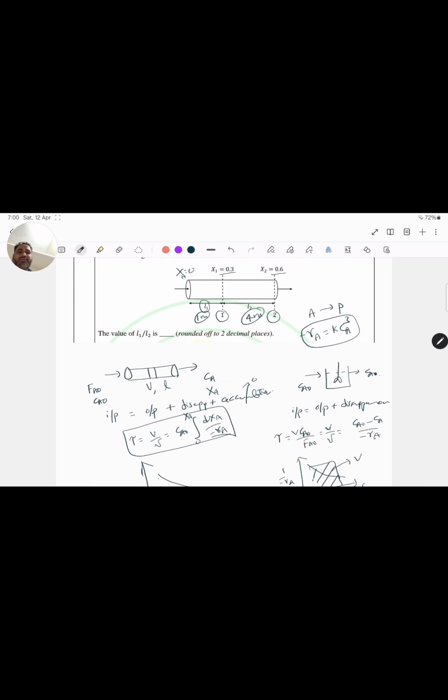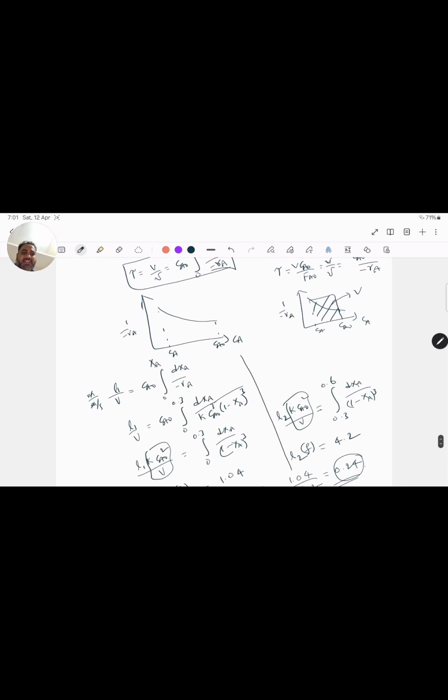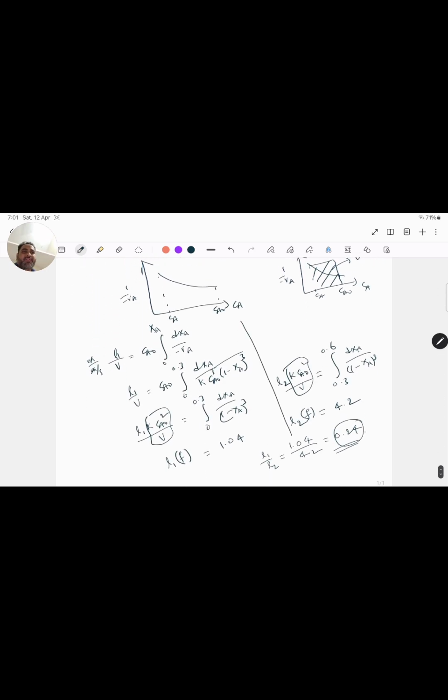These are the dimensions of this plug flow reactor, 1 meter to 4 meters. Up to 1 meter length of the reactor the conversion is 0.3. From 1 meter to 4 meters, that is 3 meters of reactor length, the conversion goes up to 0.6. This is how we should solve this kind of problem.